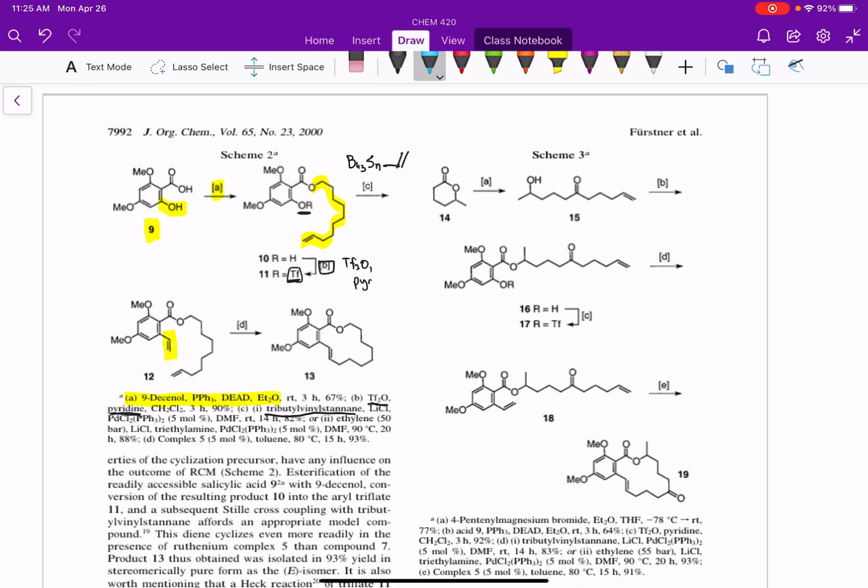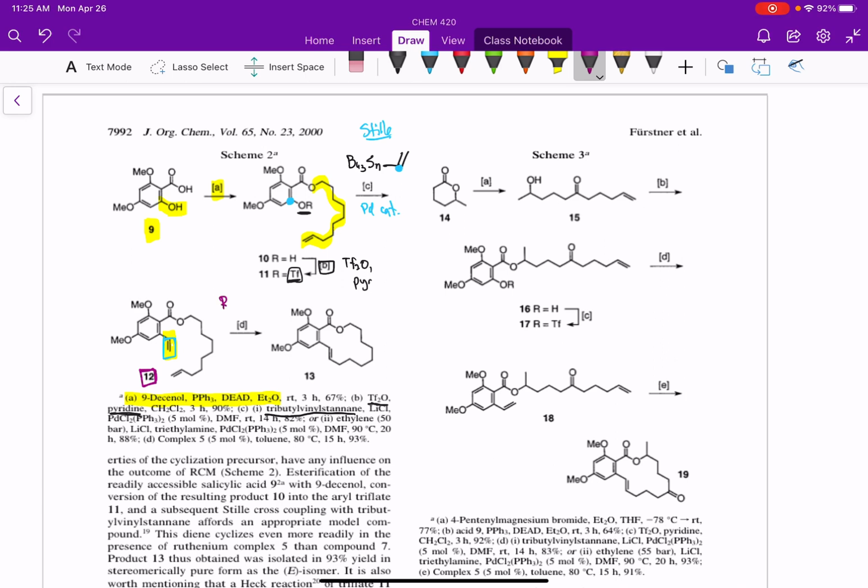That will couple this carbon in blue to that carbon in blue, giving you the alkene functional group. That is our Stille reaction, and remember, we need a palladium catalyst to complete that. That gives compound 12, which is perfectly set up to do the ring closing metathesis reaction.